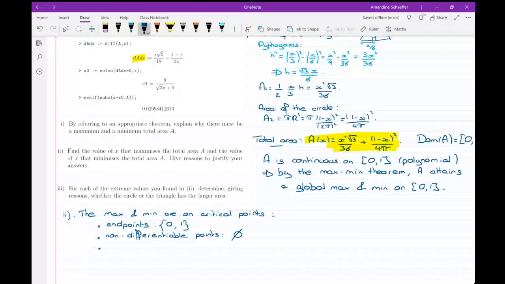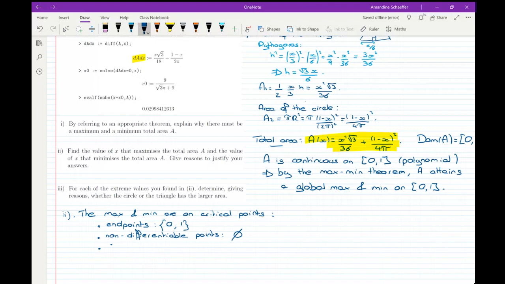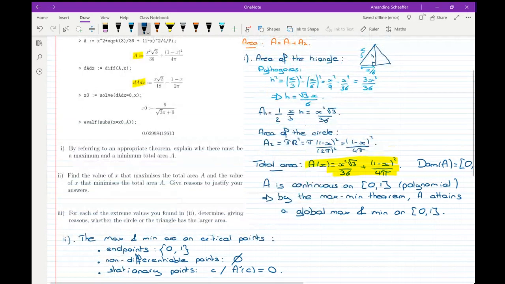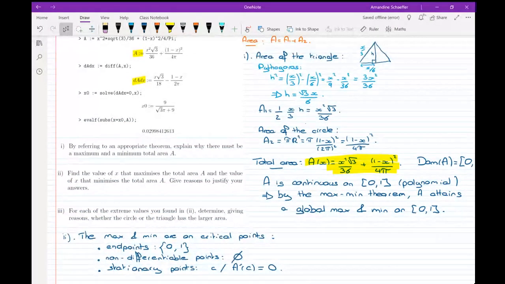And the third option is stationary points. Okay, and these are points, for example, I'm going to call it c, such that A'(c) equals 0. So it's where the derivative is 0. And that's where these outputs are going to be useful.